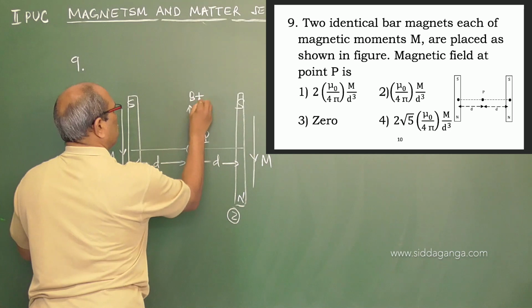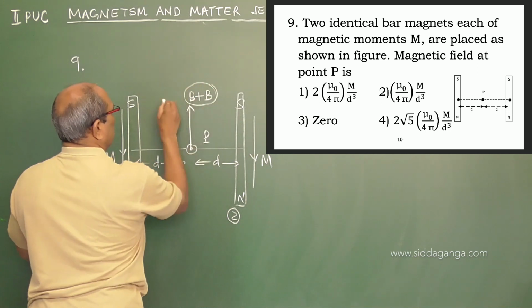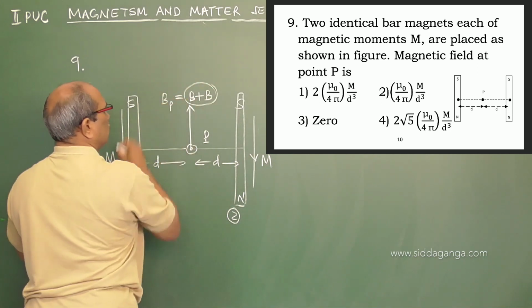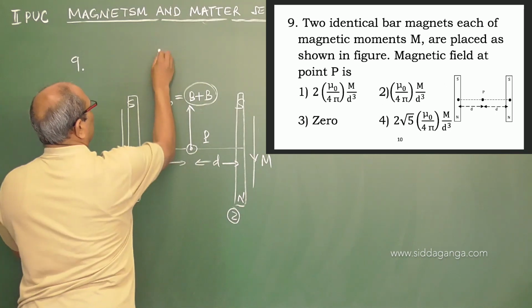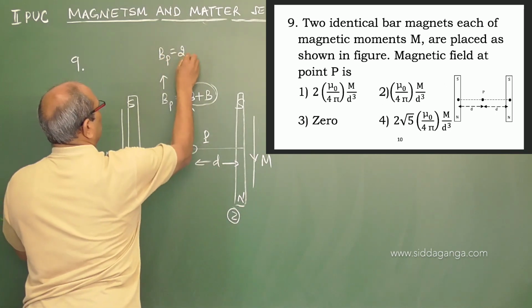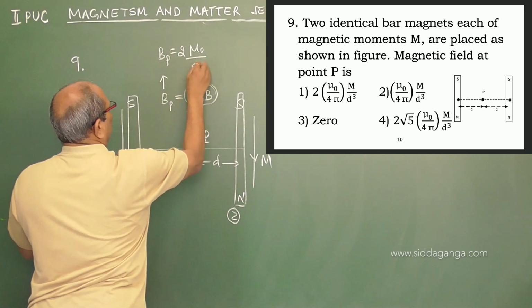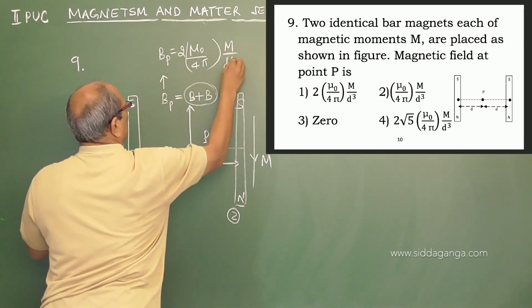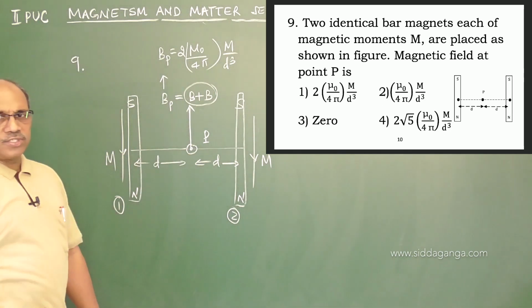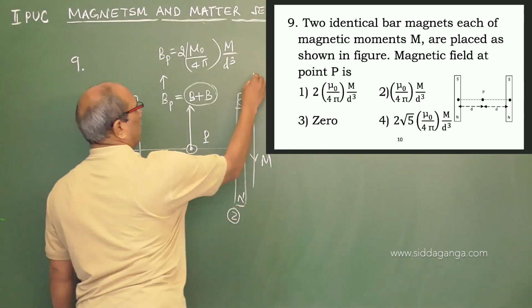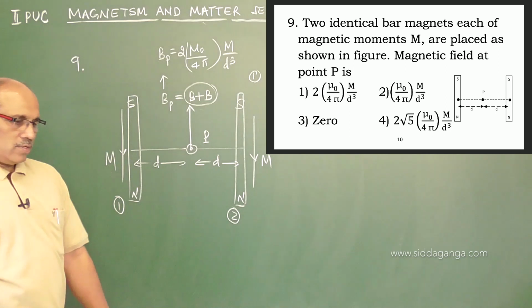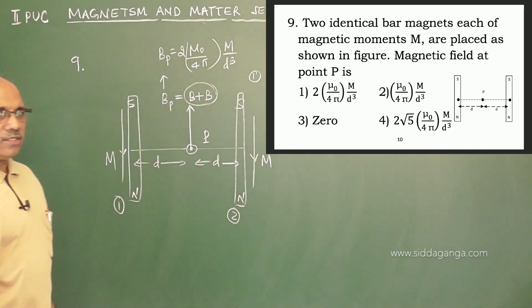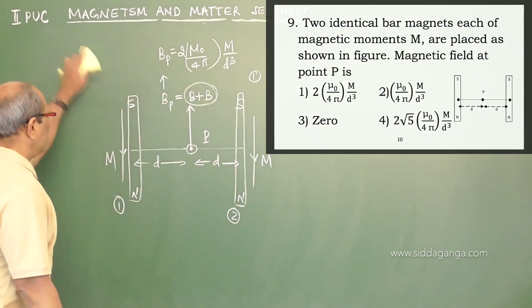This also adds up to B. Therefore, the net field at P is 2 times that. Therefore, B at P is 2 into mu naught upon 4 pi into M upon d cubed. Option number 1. Acting upward, and the field value is that much.